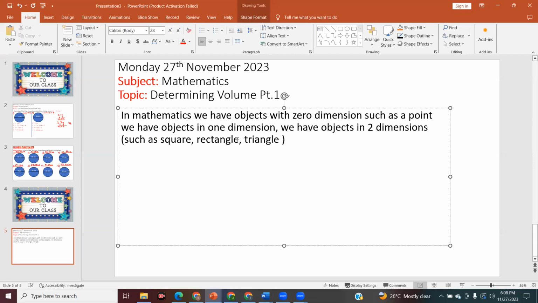All of them are objects in 2 dimensions. So the regular shapes that we know, square, rectangle, hexagon, octagon, all of those are 2D objects. And we also have objects that are in 3 dimensions.